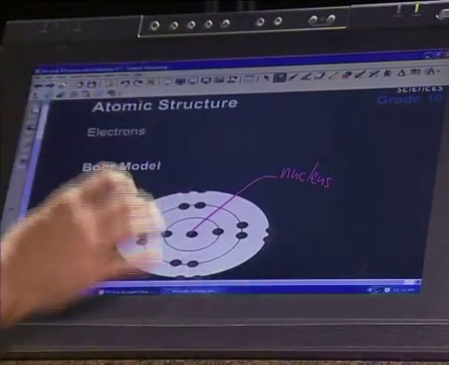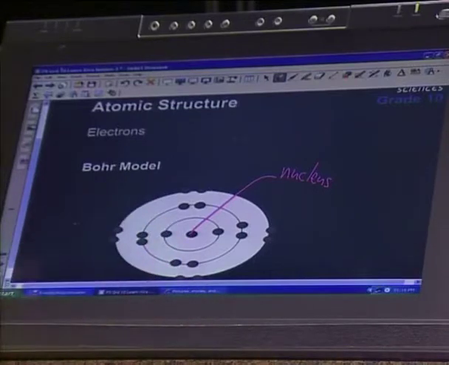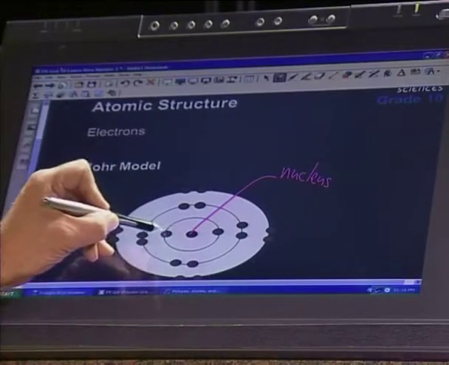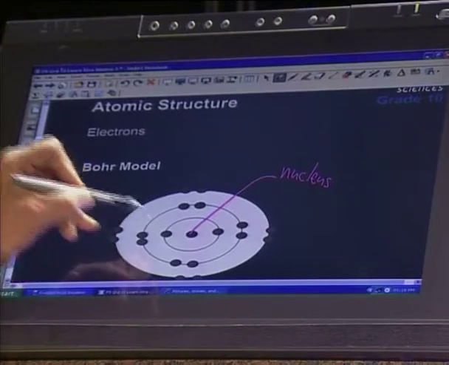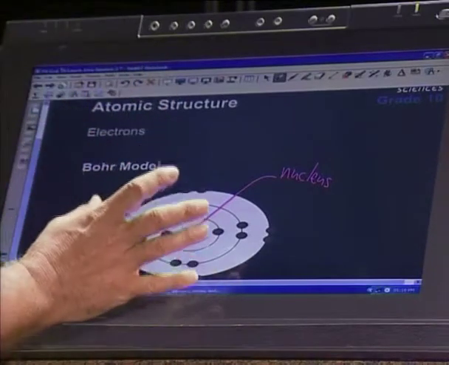Now, what's interesting to notice is that on the scale between the nucleus and the first shell, even in Rutherford's model, there was a huge difference. There's a lot of empty space. And the way you can picture this is if you imagined that you had a pea, a little green pea or a marble, and you place that in the middle of a soccer field, at the center of the soccer field.